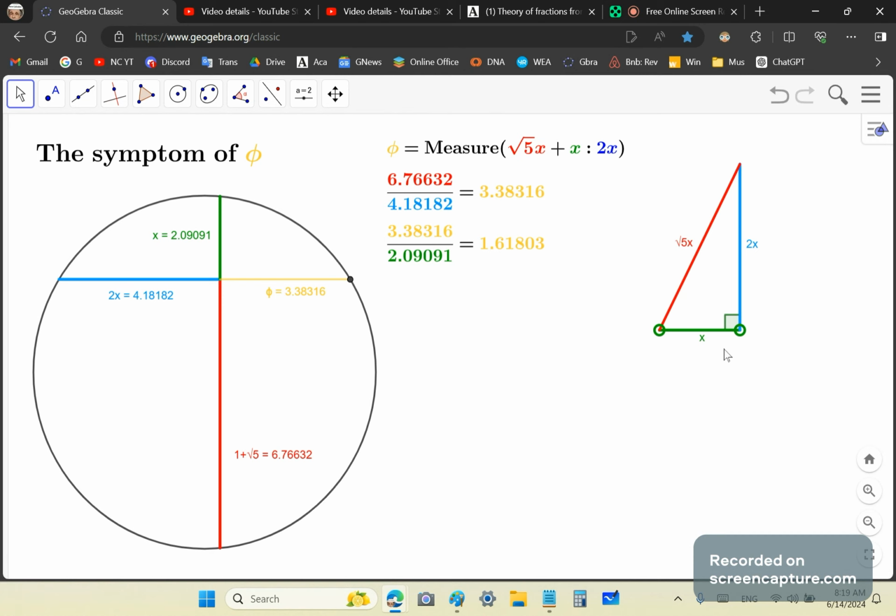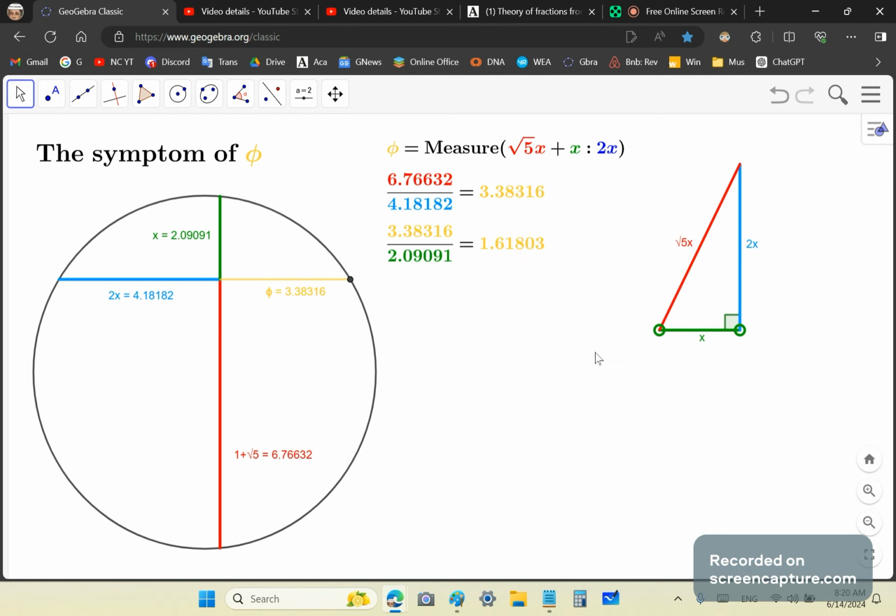In other words, the special triangle has one side x, the other side 2 times x, and the hypotenuse is root 5x. So if we try to measure root 5x plus x with this side, we end up with the golden ratio, so to speak.